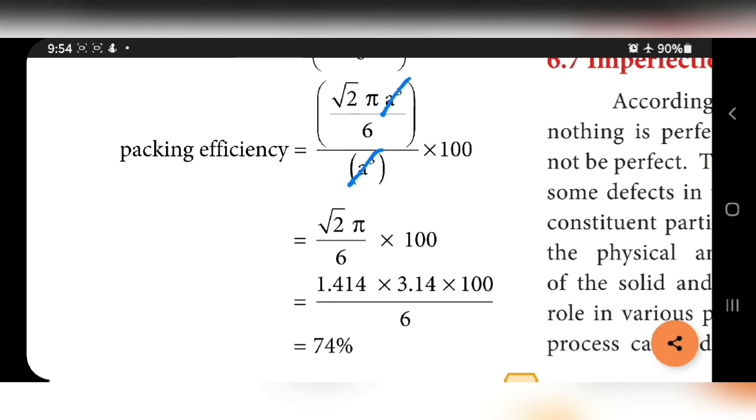The value of root 2 is 1.414 and pi is 3.14, into 100 divided by 6. If you simplify this value, you will get the packing efficiency of FCC as 74%. So this is the packing efficiency of the unit cell for FCC. That's all.